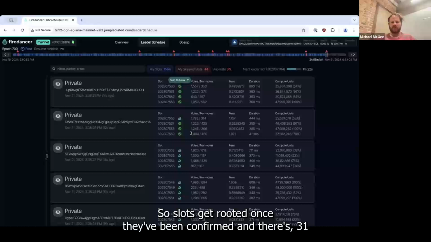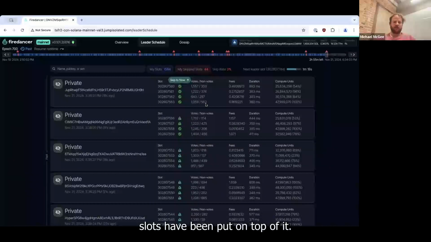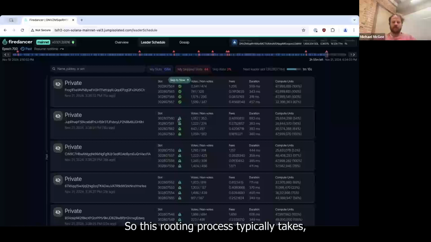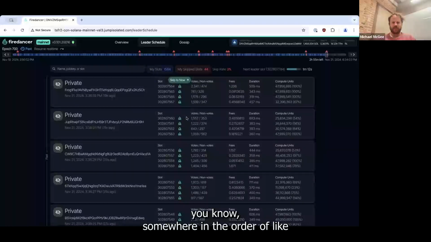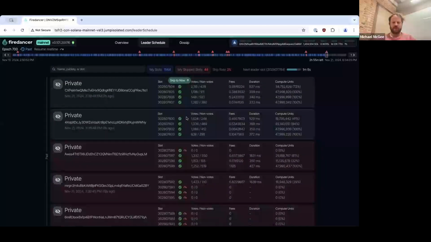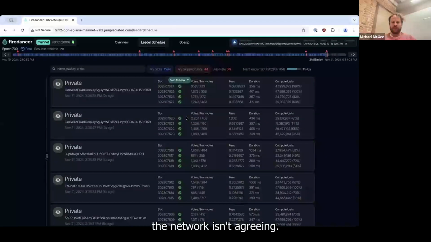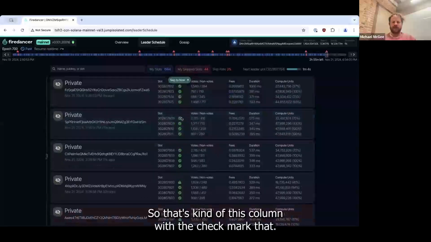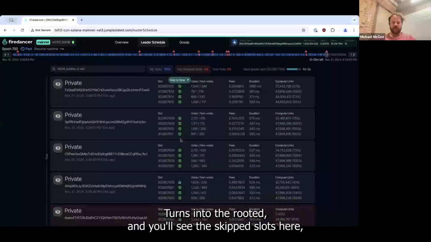So slots get rooted once they've been confirmed, and there's 31 slots that have been put on top of it. So this rooting process typically takes somewhere in the order of like 10 to 15 seconds, but it can be a little longer if the network isn't agreeing. So that's kind of this column with the check mark that turns into the rooted.